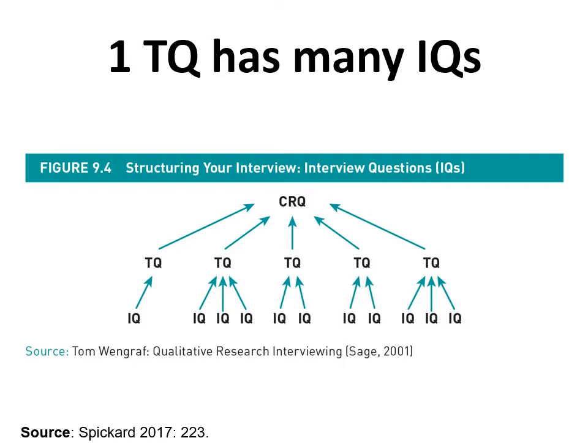So if one of my theoretical questions is about how industrial districts influence the kinds of jobs people end up taking, or the kinds of careers they end up having, if living in an industrial district shapes your occupational trajectory, so the kinds of jobs you'll have over the course of your life, then I might have a couple of different questions that I ask my interview subject that help get at that.